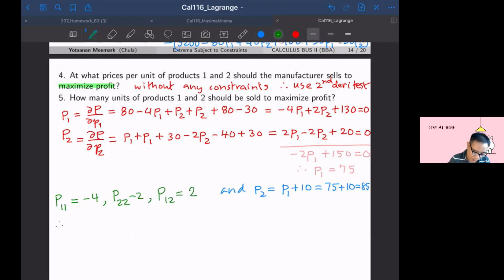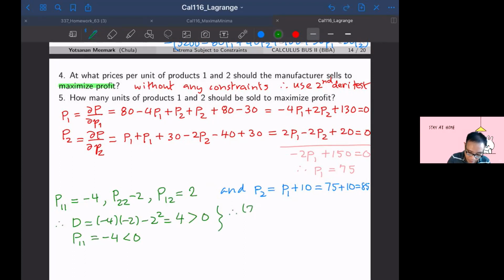So you would get D equal to negative 4 times negative 2 minus 2 squared. So it's going to be 4, and positive. And you have p11 equal to negative 4, negative. So from here, it's going to be classified as a relative maximum.